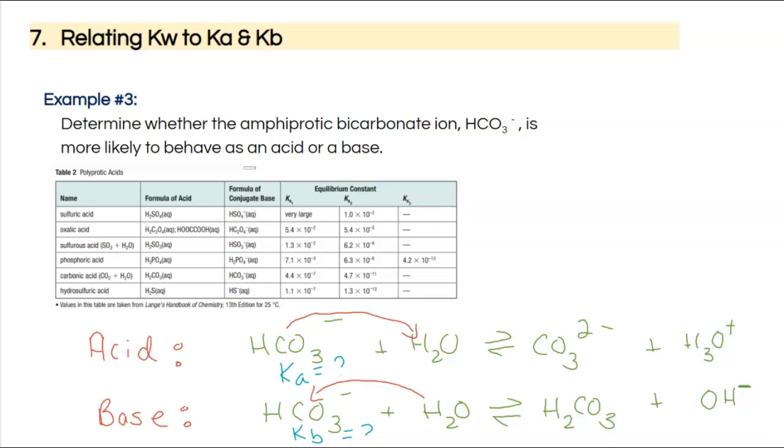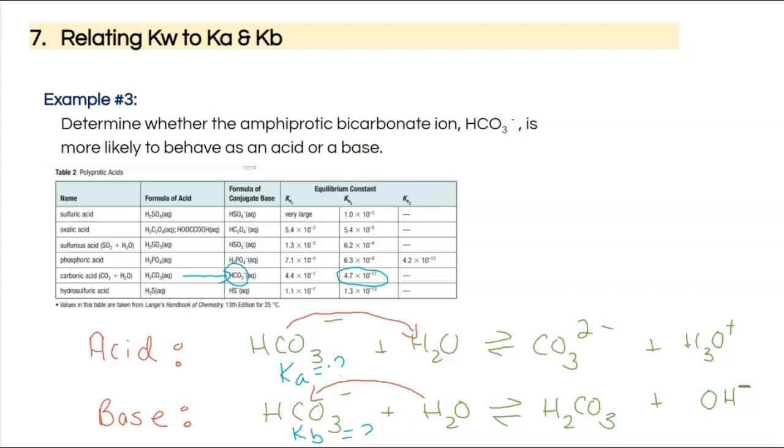And so for the Ka value for my bicarbonate, I'm going to look at the Ka2 value for carbonic acid, because bicarbonate is what forms when carbonic acid loses a proton. So the Ka2 value would represent the loss of bicarbonate's second proton.